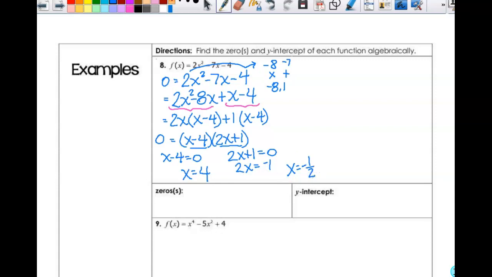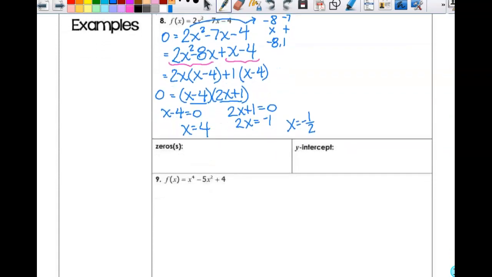Those are my x values. Then they're the zeros, so they don't go in an ordered pair, but you do always put them in order from least to greatest. So I'd have negative 1/2 and 4.